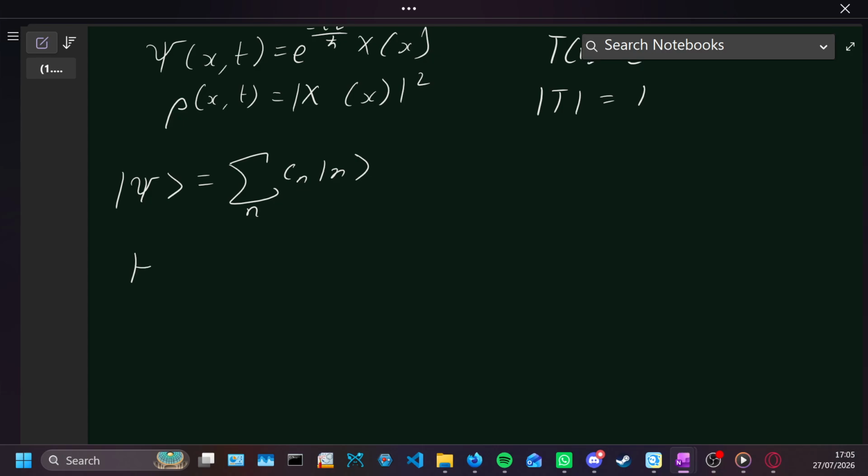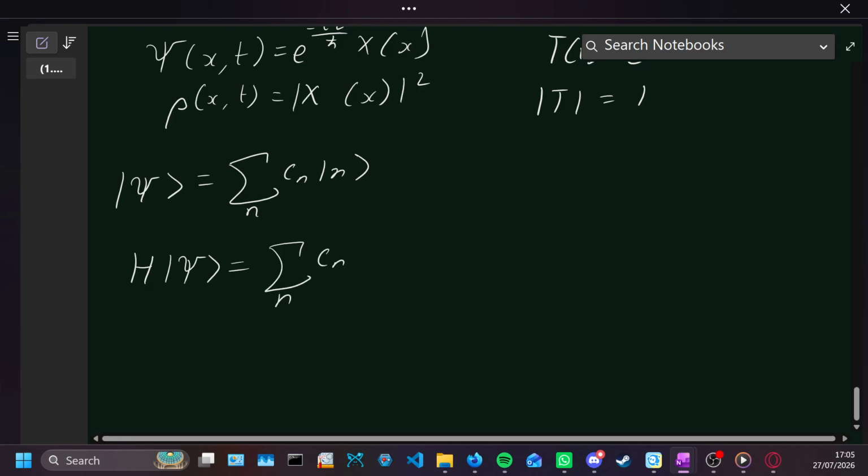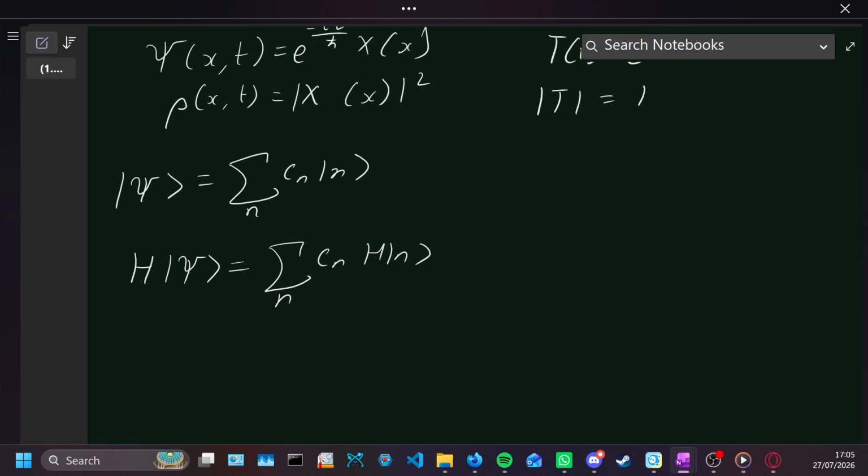then for the Hamiltonian of psi, using the fact that H is a linear transformation, I can put the H in here. And of course this is equal to E psi based on the Schrodinger equation. And so I can pull this E out as it's just a constant, like this.